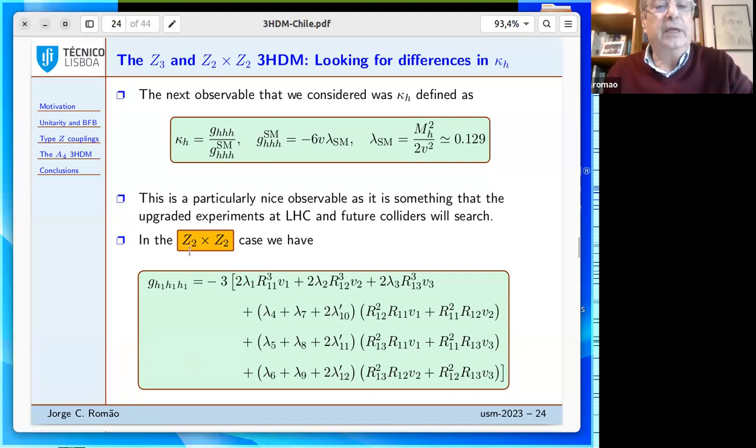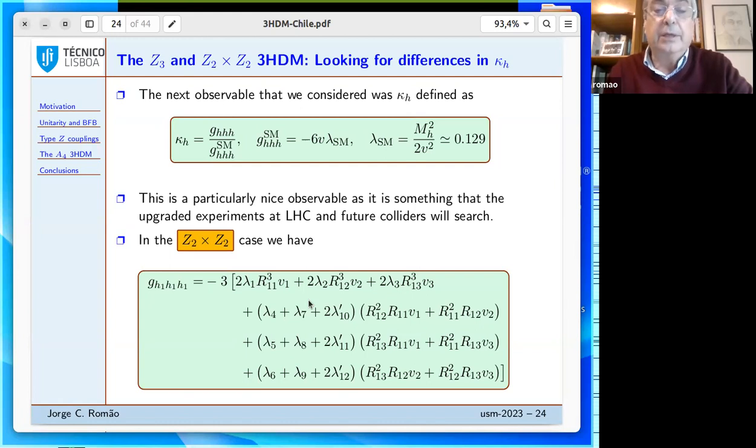Now, for instance, for the Z2 cross Z2, you can write this expression. Of course, it's not as simple as in the standard model, but it depends on many couplings, the rotation matrices, and the VEVs. But you can look at the symmetric limit to see if, in principle, at the symmetric limit this should be equal to the standard model.